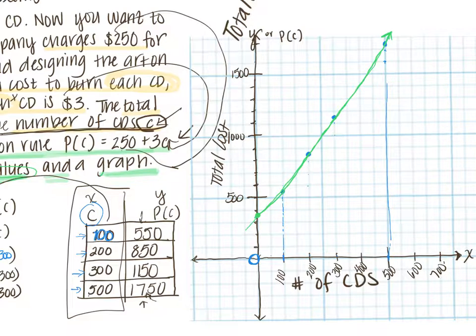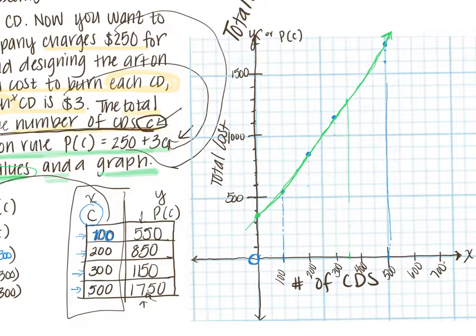So I could guesstimate using this line that if I sold 350 CDs, the cost of that based on this line would be right about here, or $1,300. Or if I only sold 150 CDs, it would only cost me about $700. It's a decent cost per CD.